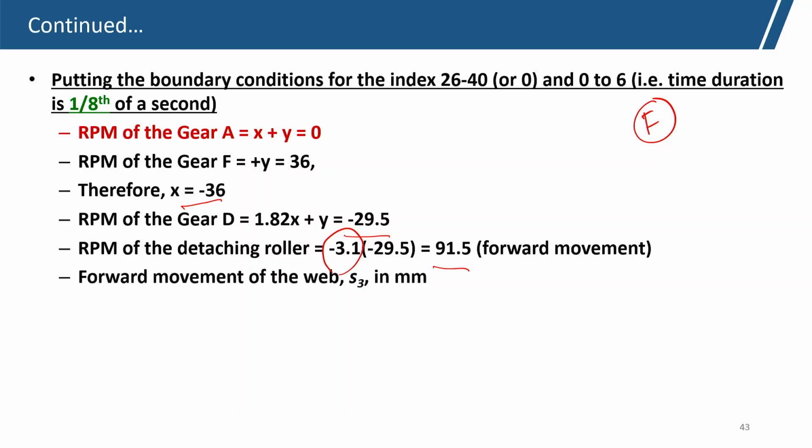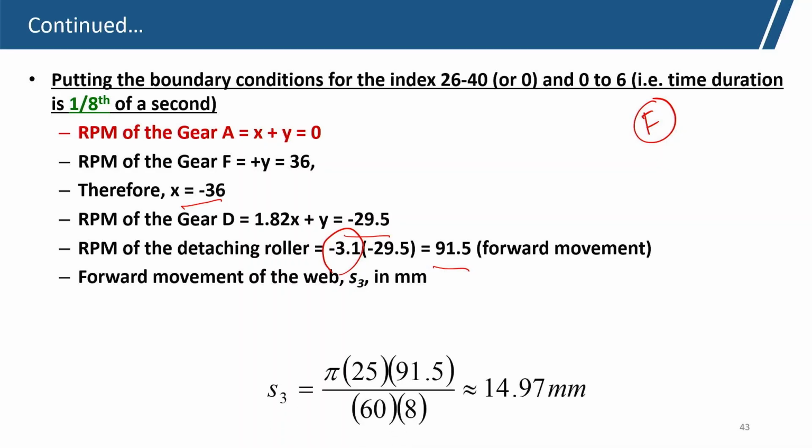So, forward movement of the wave, that is S3, if we try to calculate here, pi into 25 is diameter, 91.5 is the speed in RPM, and here 1/8th of a second.